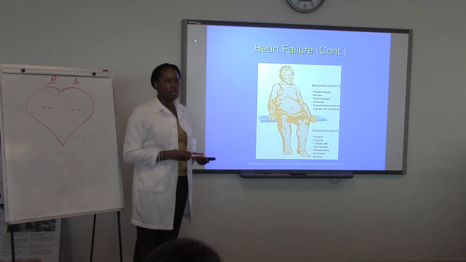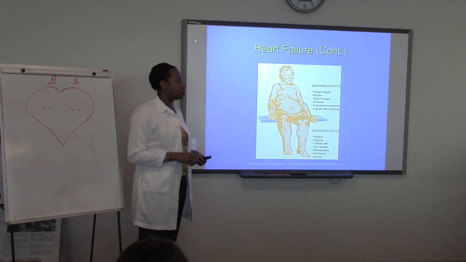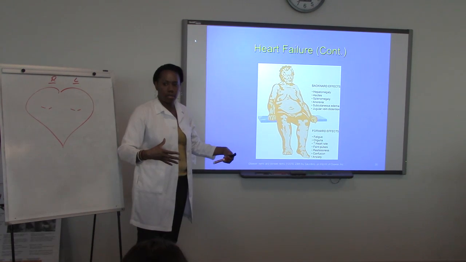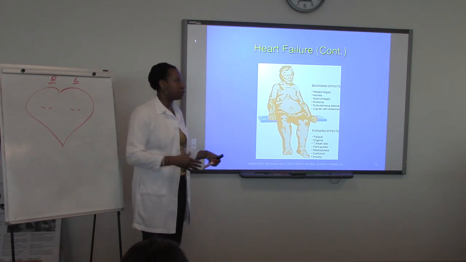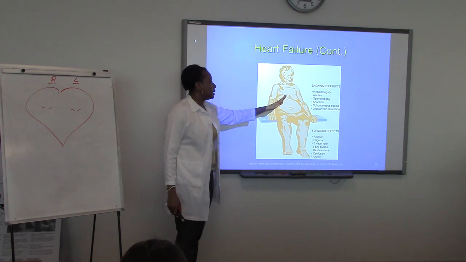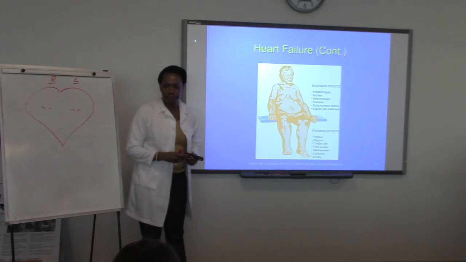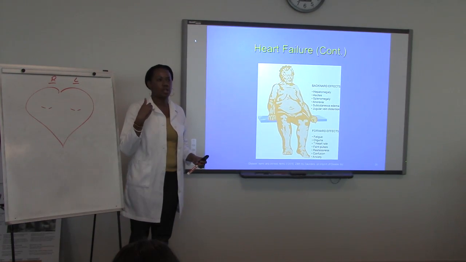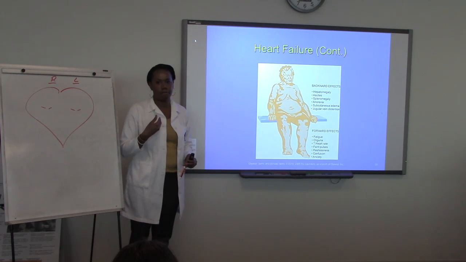Now, look at this picture. This woman looks totally different than the other one. In the other picture, the woman was a little smaller. This woman is larger. Okay, and I'll tell you why she's larger. So the backward affecting half here is a hepatomegaly. So keep in mind that we're talking about now venous congestion that's occurring with the backward affecting right-sided heart failure.